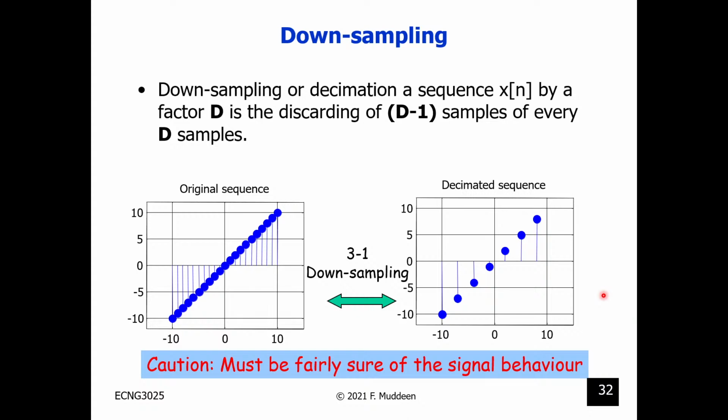Now, downsampling is a property that can be used when you have too many samples to begin with. The only time you use downsampling is if you're fairly sure of the signal's behavior.